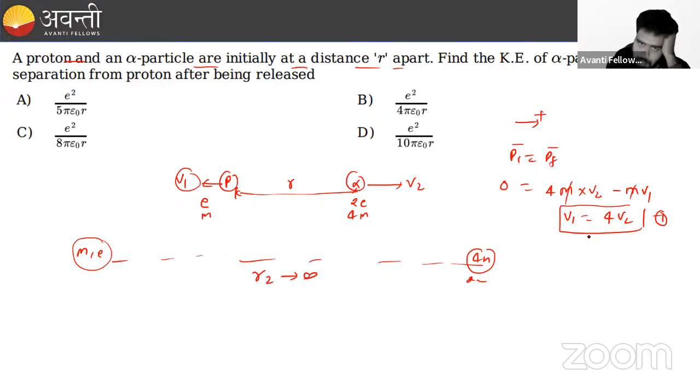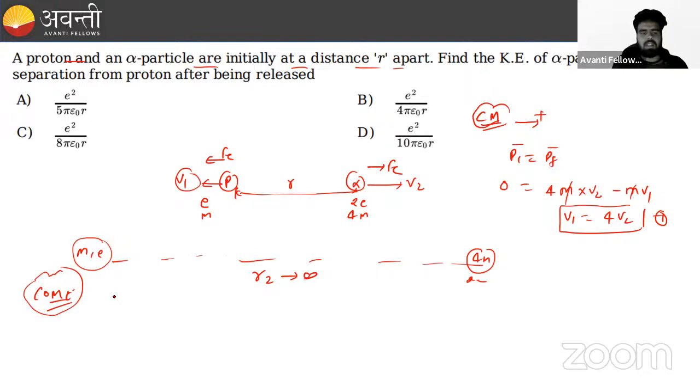The electrostatic force acting here is an internal force for the system, so we can apply conservation of momentum, and conservation of mechanical energy is also valid here. This came from the conservation of momentum, and this comes from the conservation of mechanical energy: U initial plus K initial equals U final plus K final.